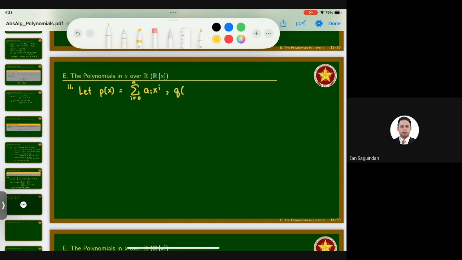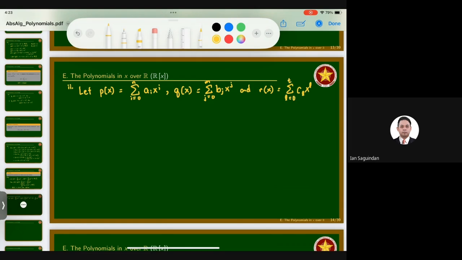For Q of x, we have the summation of all b sub j, x to the j, running from 0 up to m. And then we will be declaring a third polynomial, say R of x. This is the summation of all c sub l, x to the l, running from 0 up to t.